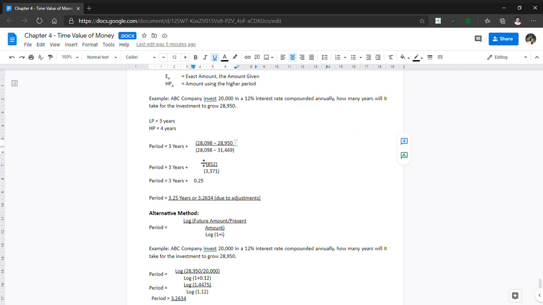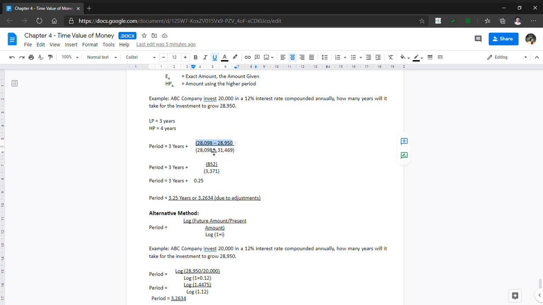So the amount na nakuha natin using the lower period is 28,098 less the exact amount of 28,950 na yung future value, divided by 28,098 yung amount using the lower period less yung amount using the higher period na 31,469.